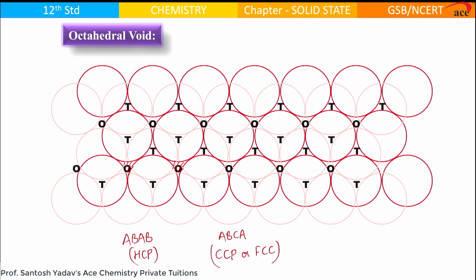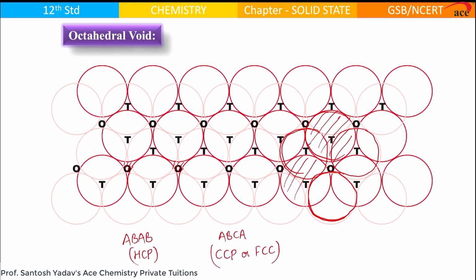Now, if you pick up any octahedral void, then imagine the spheres which are present below, which have been shown by shaded or lighter red color lines. If you check this, they appear like a triangle, and above that, you get another triangle, and whatever void is trapped is called an octahedral void.